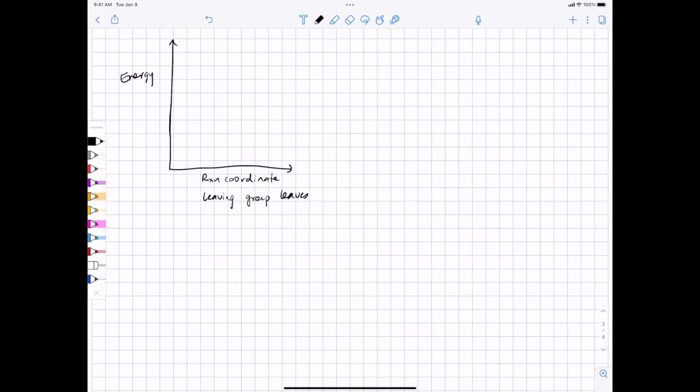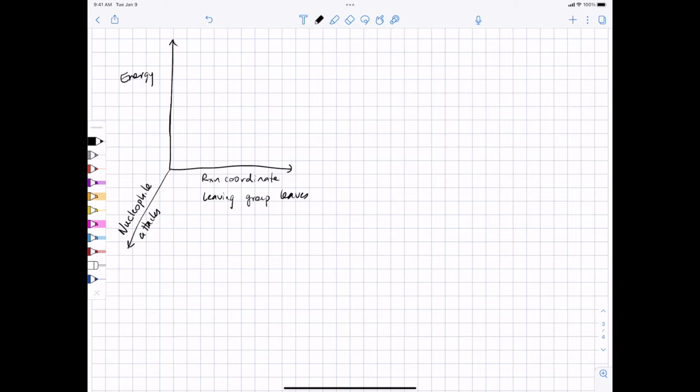For the SN2 reaction, you have leaving group leaves as the nucleophile is coming in. So in that way, we can think of a multi-dimensional energy landscape where along one axis we have leaving group leaving, and along another axis we have nucleophile attacks. And it turns out this is going to be a really decent way of thinking about how reactions occur.